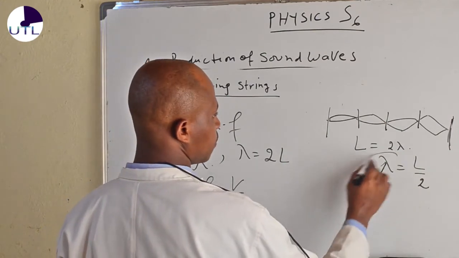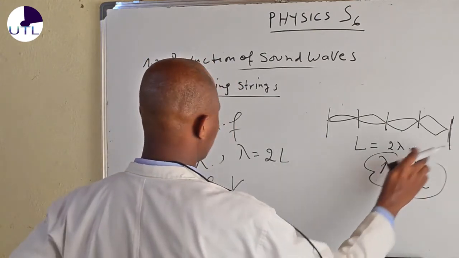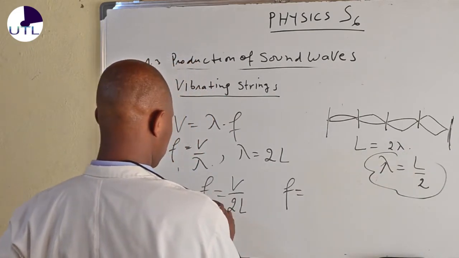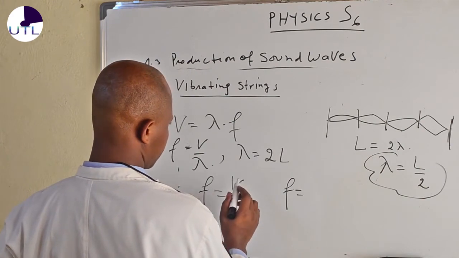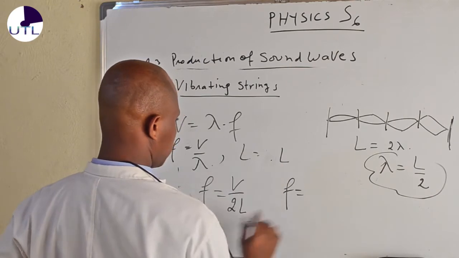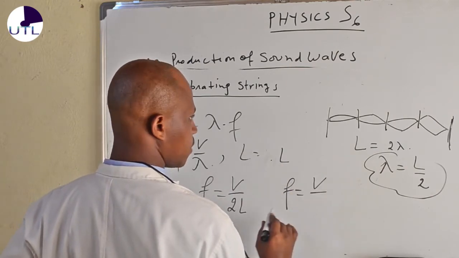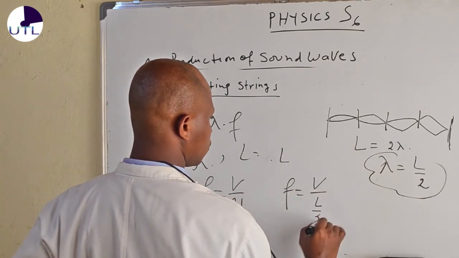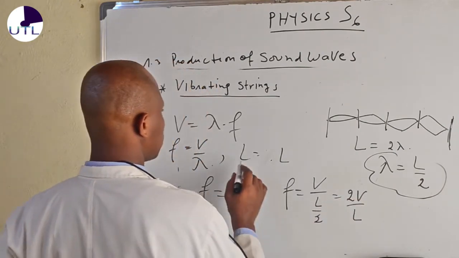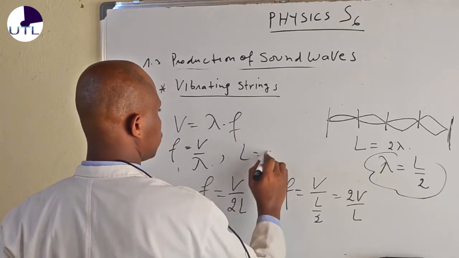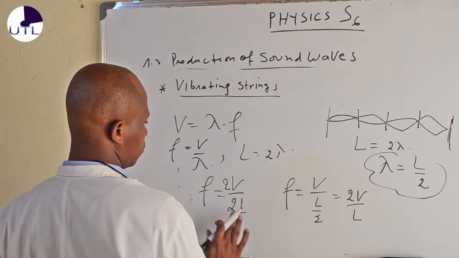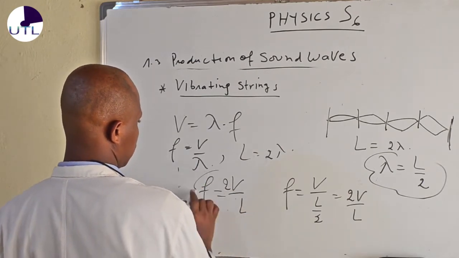If we have this case where wavelength is equal to L divided by 2, the frequency will be equal to V over wavelength, that is V over L over 2, which is equal to 2V over L. And this L was equal to 2 times the wavelength.